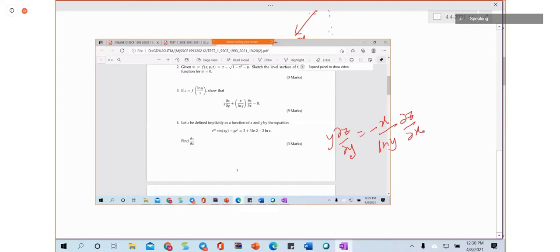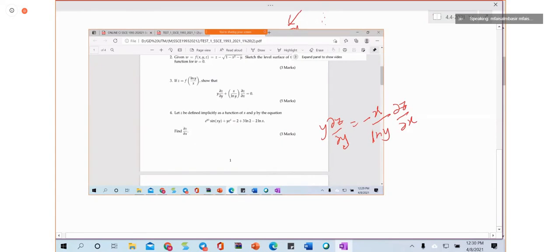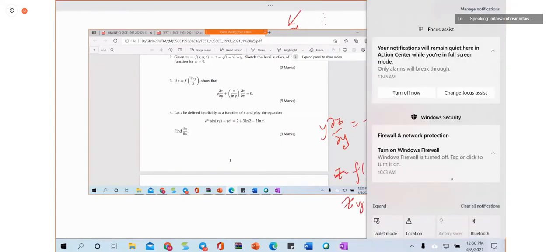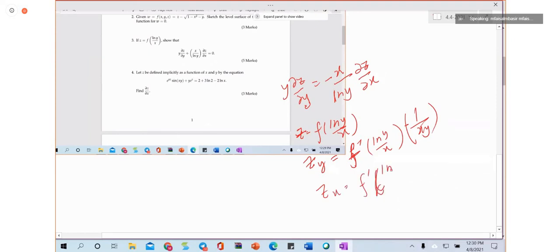If I find del z del y, or zy, it will become f prime of ln y over x. Differentiate inside: ln y will be 1 over xy. Zx will be f prime of ln y over x, and differentiating inside, x is at the bottom, so you get negative ln y over x squared.